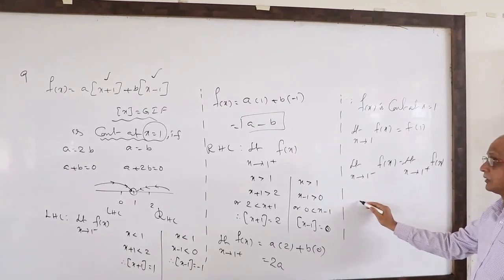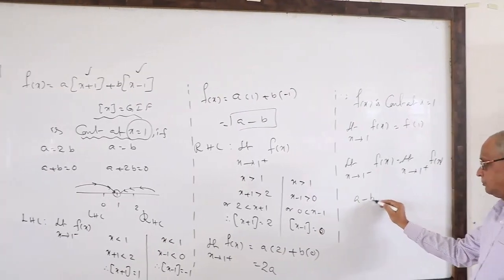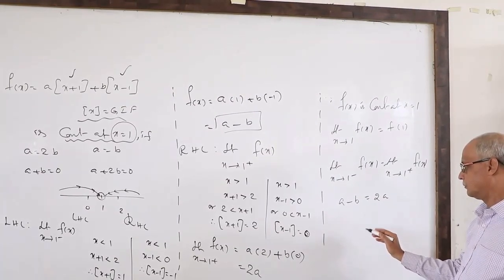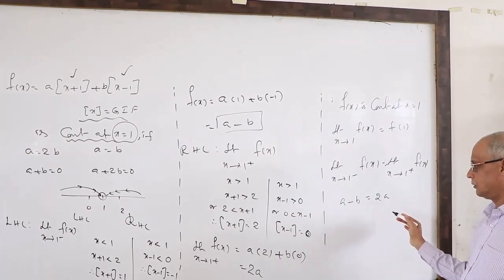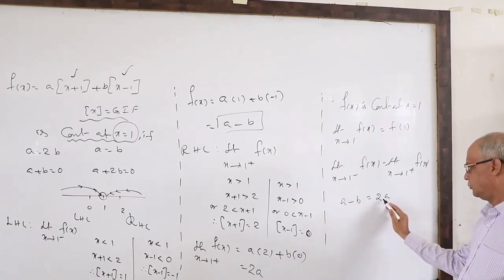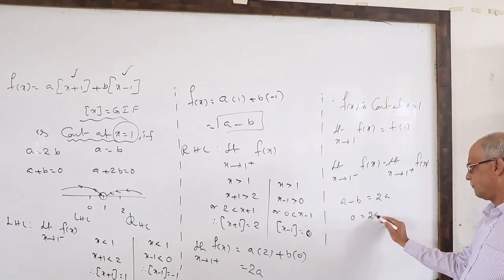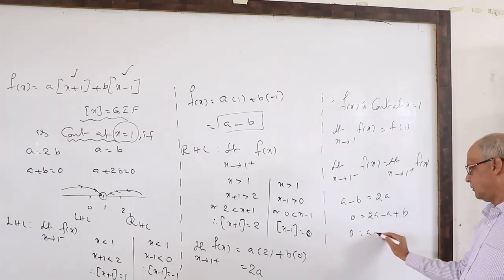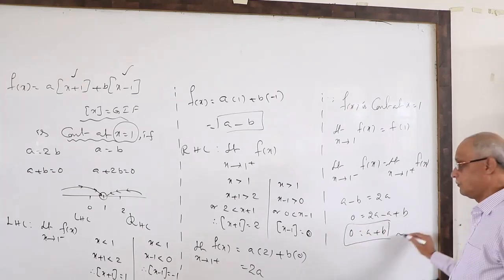What is our answer we got? A minus B is equal to 2a. Okay. Take here 2a minus a plus b. What is that? A plus b is 0. Where is this answer?